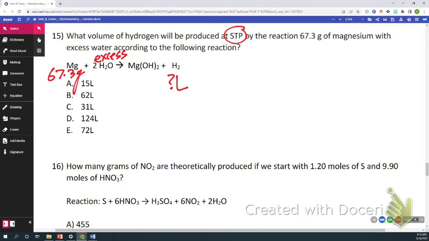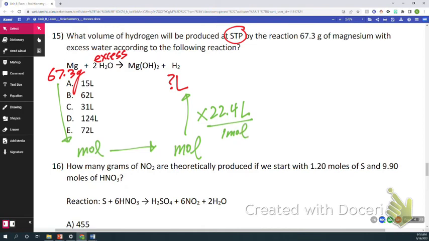I don't think I need to do this one, okay? So grams, change it to moles, right? Write the mole ratio train to get moles here, and then just multiply by 22.4 liters for 1 mole to go back to liters. You're using this as a conversion factor, okay?